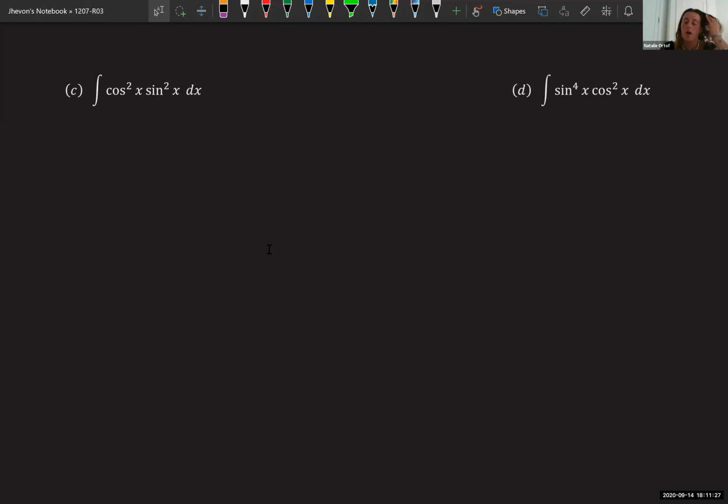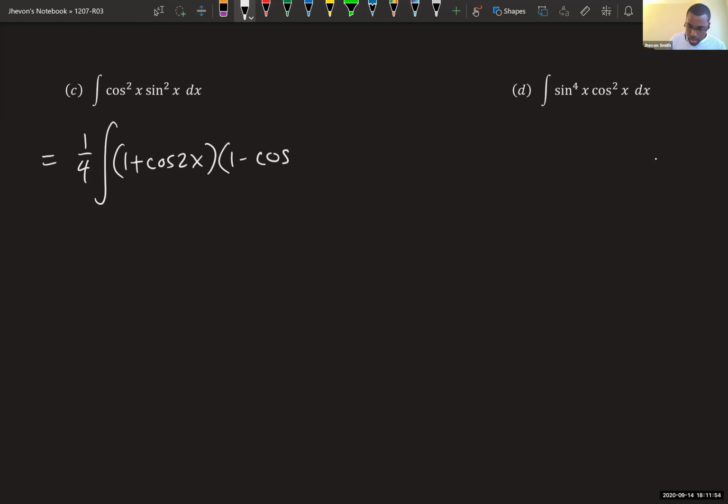So you do the integral of 1/2 times (1 minus cosine 2x) times 1/2 times (1 plus cosine 2x). Would you multiply the 1/2s together? Yeah, that's what I was going to say. So 1/4 times (1 plus cosine 2x) times (1 minus cosine 2x).